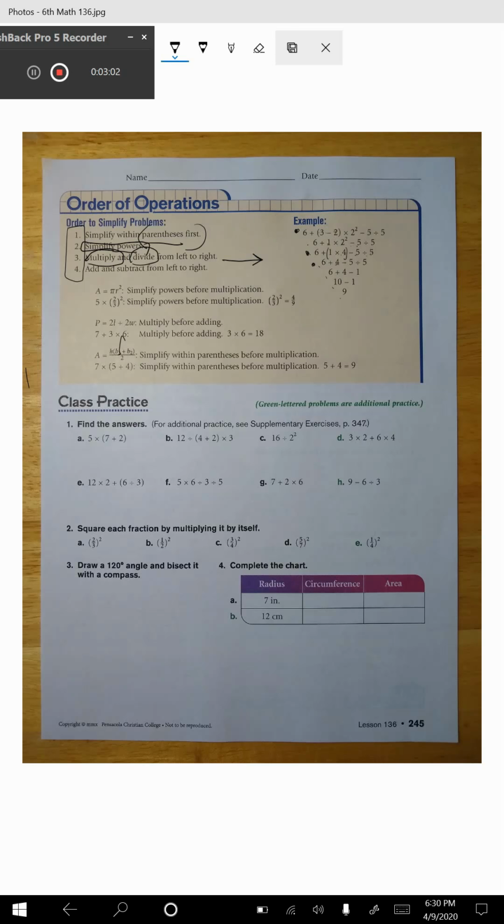And technically, you could do that right now. 5 divided by 5, and that would be 1. Okay? Now I'm left with 6 plus 4 minus 1. 6 plus 4 first, which is 10. Then minus 1, which would be 9.